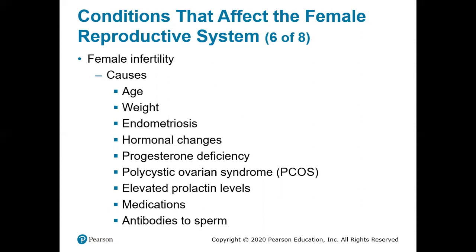Then we have polycystic ovarian syndrome, or PCOS. This occurs in 6% of women and is the major cause of infertility in American women. PCOS increases androgen production, producing high LH levels and low FSH levels. This prevents the maturation of eggs, so eggs are not released.